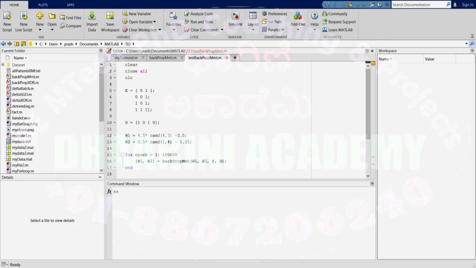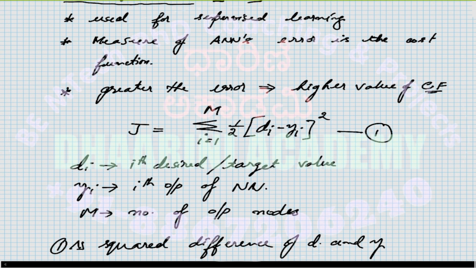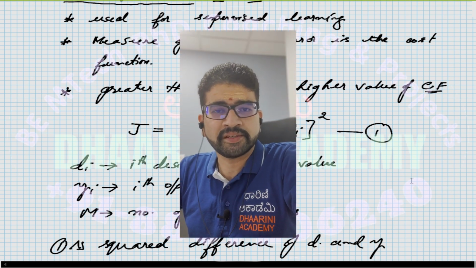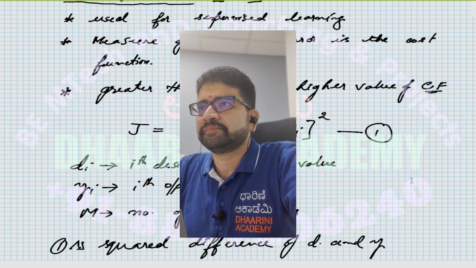We defined the cost function first, and we understood that the cost function is a specific function used in machine learning to identify the ANN's error.